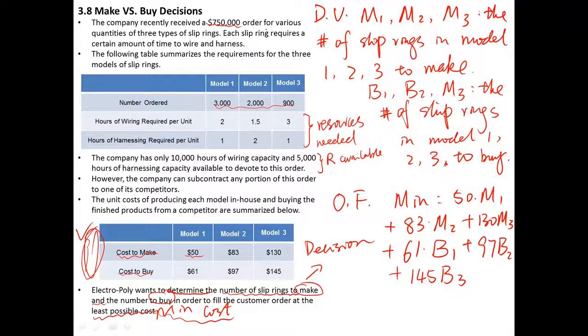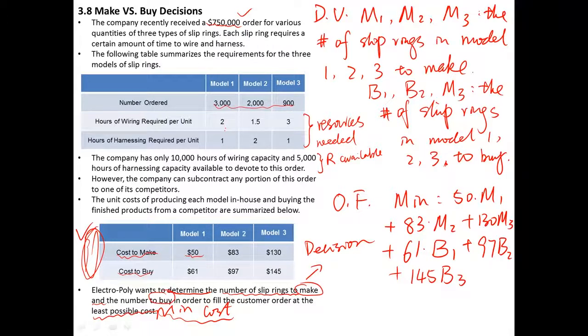And since in the objective function we've already minimized the total cost, we don't really need to use this number because it's a fixed order. And as long as we minimize the total cost, then the total profit, which is this 750,000 minus whatever this total cost comes up with, then we will maximize the profit. Okay, so check. We already look at this, and we don't need to use it.